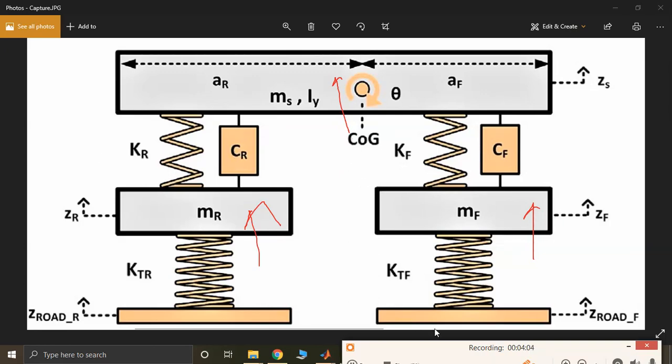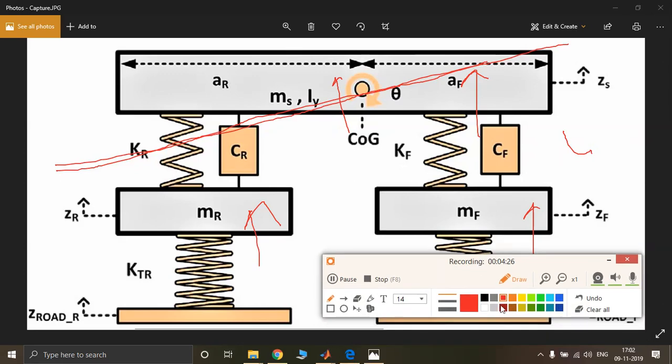Suppose when this is pushed, it will push up, and this part at that moment does not move. So there will be a tilt angle, suppose theta, and that motion is called pitching. So there will be 4 degrees.